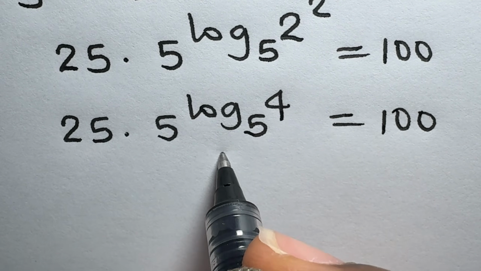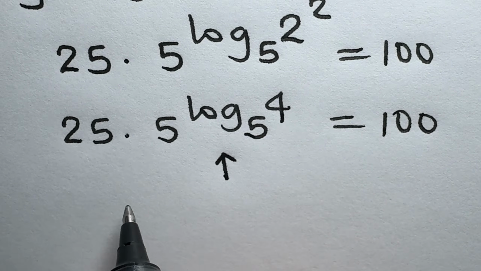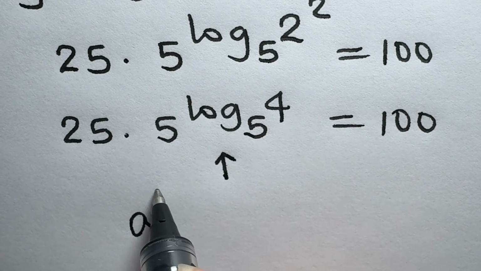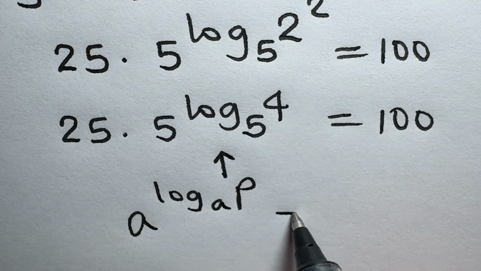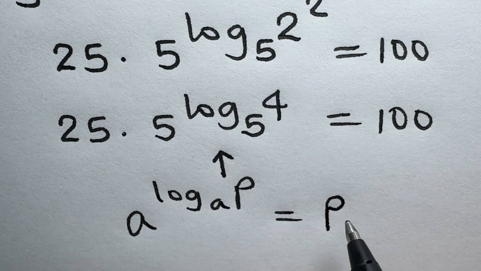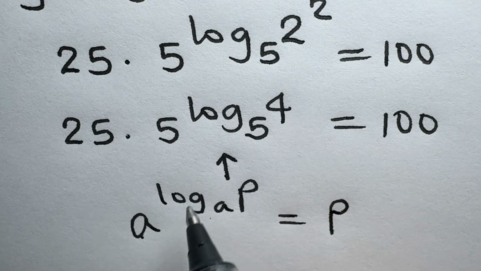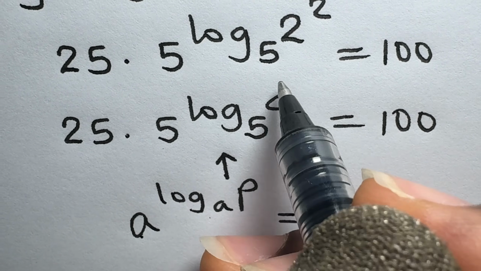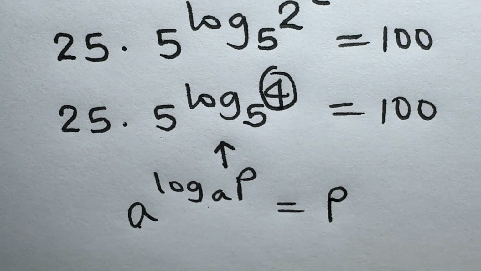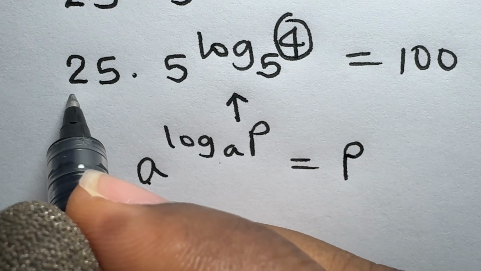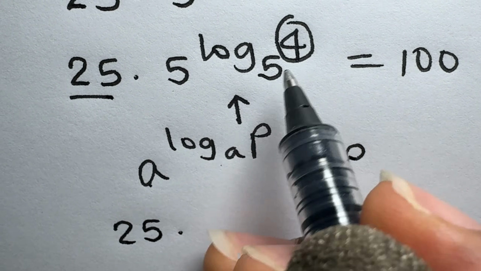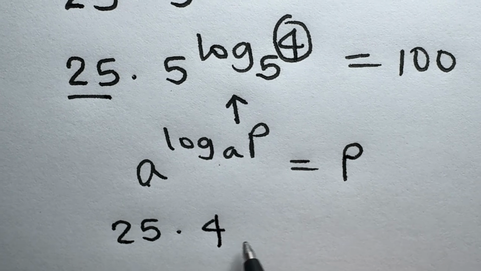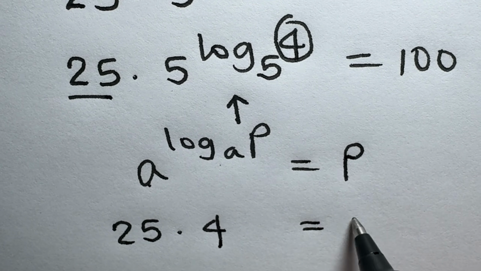Now let us work on this expression. By law of logarithm, a raised to power log p base a will give us p, as long as these bases are the same. So as long as these bases are the same, this must be 4. Therefore, we have 25 now times 4 to give us 100.